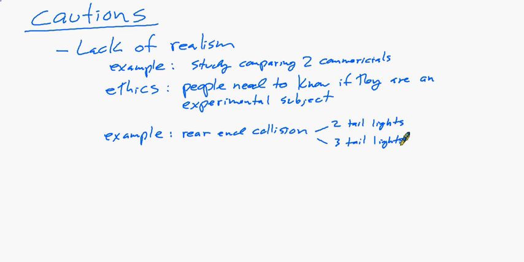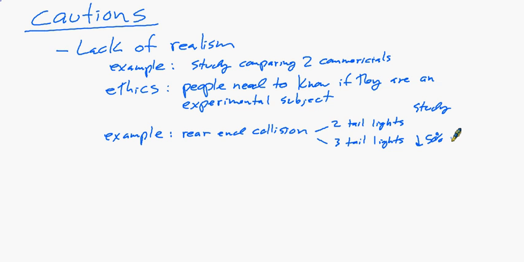Another really good example, I love this one, is rear-end car collisions when you have two taillights, or whether there's a third one that's usually kind of center rear windshield. There was a study, right, and they found that with the third taillight, there was a drop of 50% of rear-end collisions.